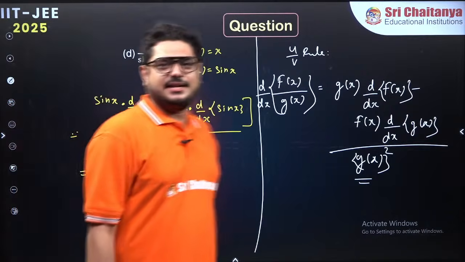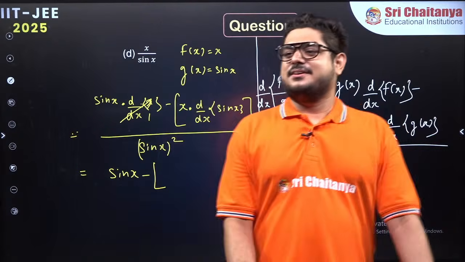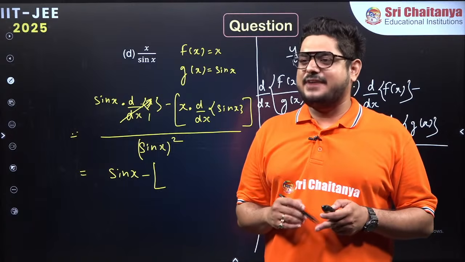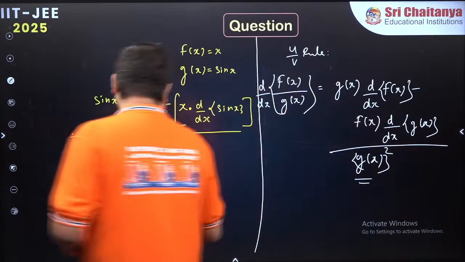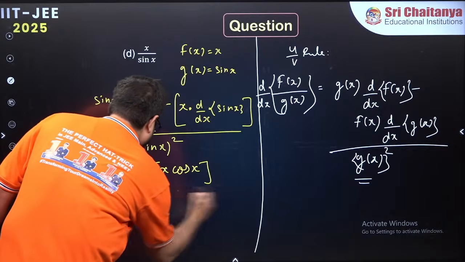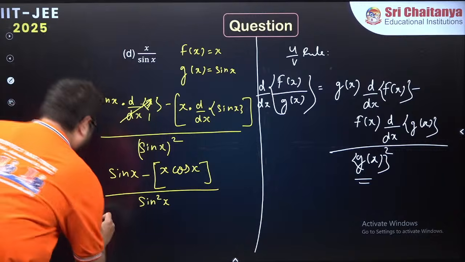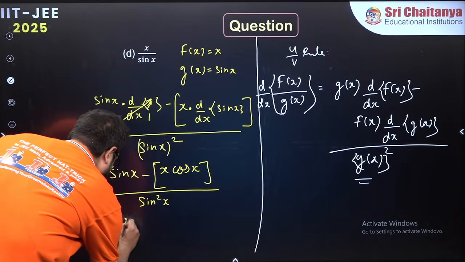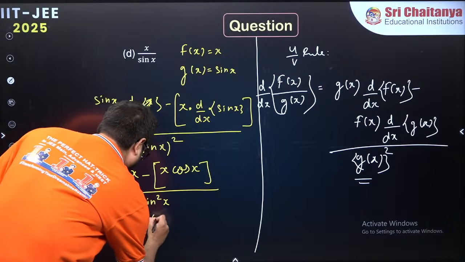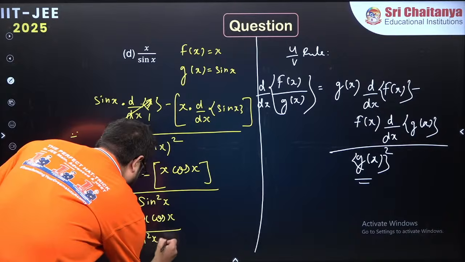We already discussed, right? d by dx of sin x, say everyone, it has to be cos x, divided by sin square x. So the final answer is going to be sin x minus x cos x, by sin square of x.